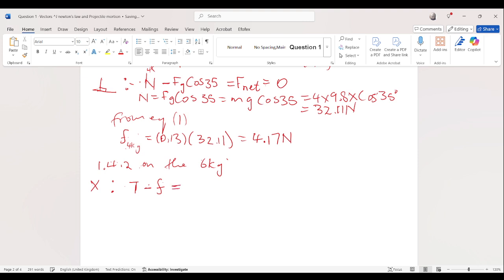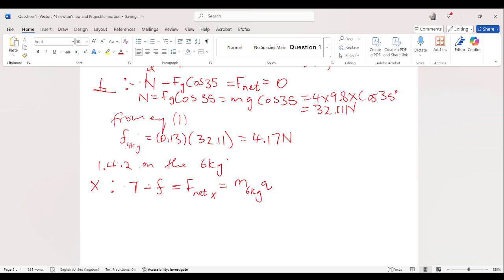No. It's given by force net in the x direction, which equals ma, which is mass of 6 kg times acceleration.